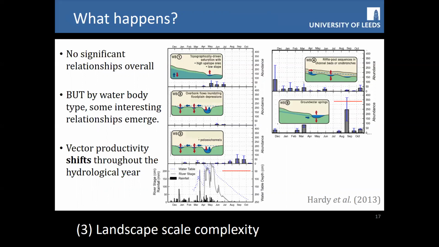Certain water body types turn on and off throughout the year, so the vector productivity shifts. Those areas of local saturation became productive when the river and water table were high, but those areas close to rivers had a lag of one month before that. But absolutely, our groundwater type was the star performer, where most of the larvae were found.